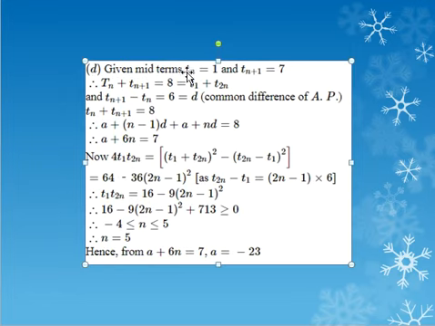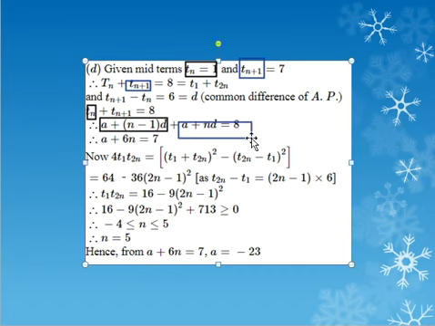Box around it. This Tn over here, and this whole thing up to here is the same. And this Tn plus 1 and this thing are the same.